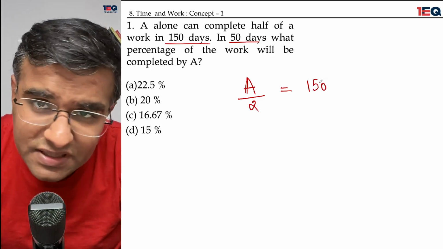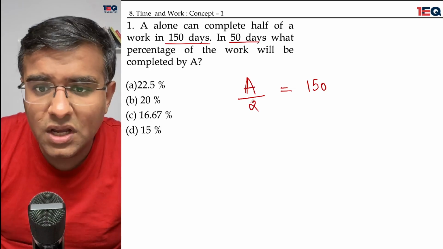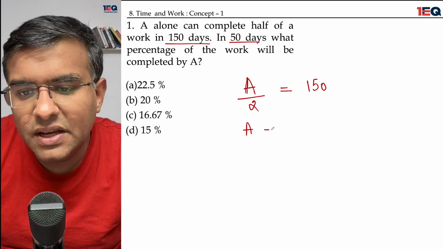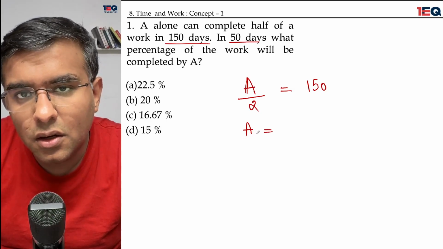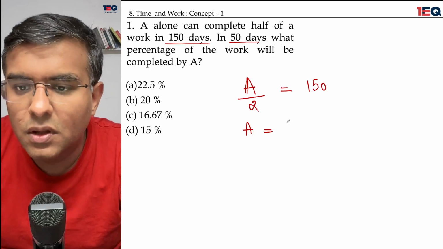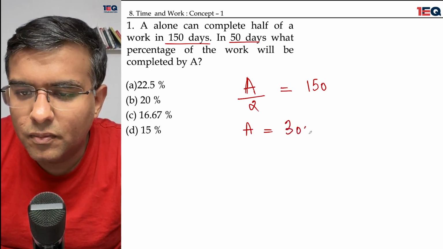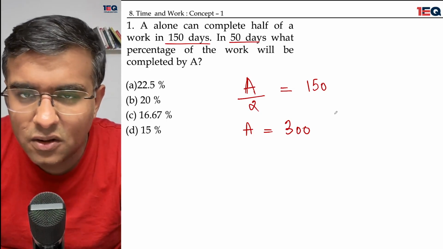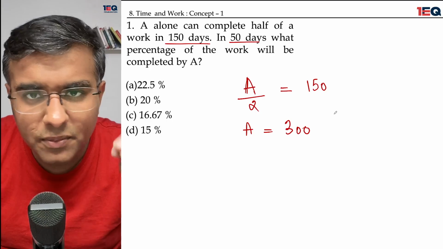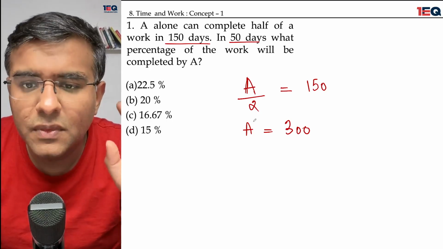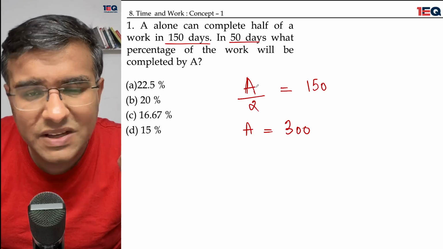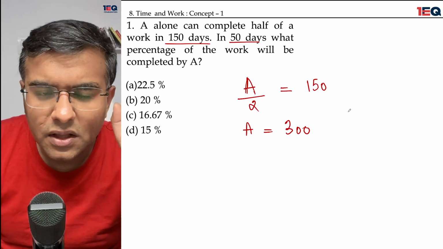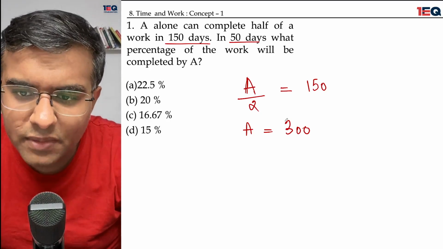See, this is again basic proportionality. How much time will A take to complete his entire job? This is equal to 300. Very standard concepts of basic proportionality, right? So basic unitary method. A by 2 is equal to 150, so the value of A is equal to 300. The total work can be done by A alone in 300 days.